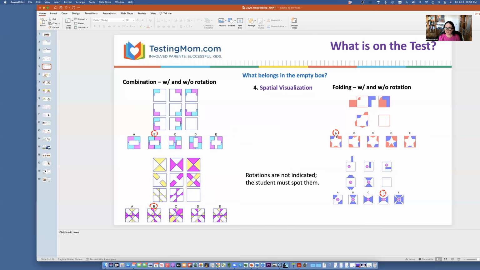It will look like A. And here they also have rotations. So this one is an example of a rotation. So if we fold that in and then it rotates clockwise here, D is going to be our answer.